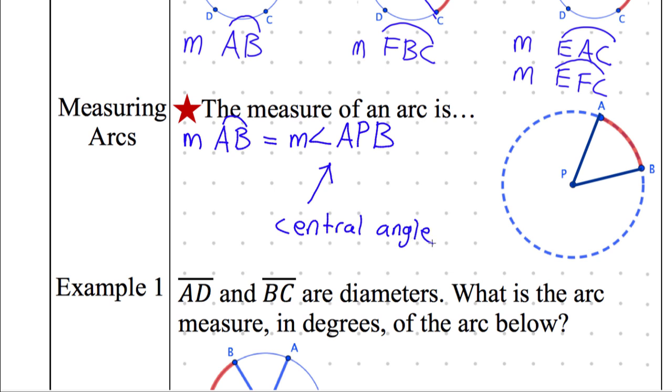If this angle, for example, was, I'm just going to randomly do something wrong and I'm going to undo it just to show you. If I had a point over here and I had a line that came from both points, this angle doesn't work because it's not a central angle. Don't use that angle. It has to be the central angle. Eventually, we are going to be seeing that type of angle.